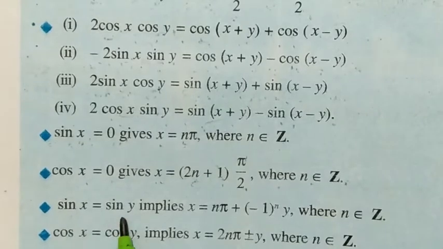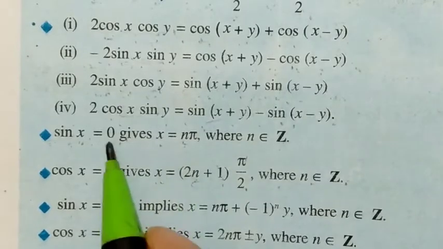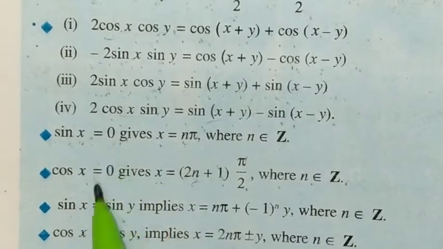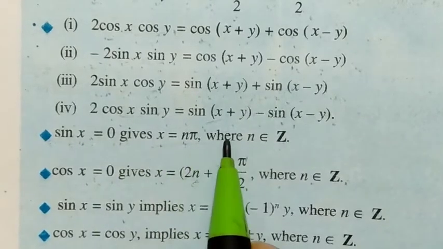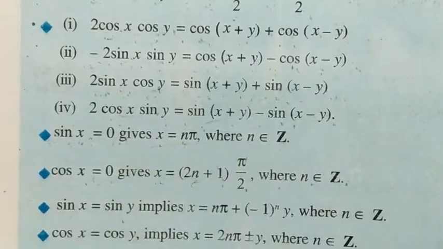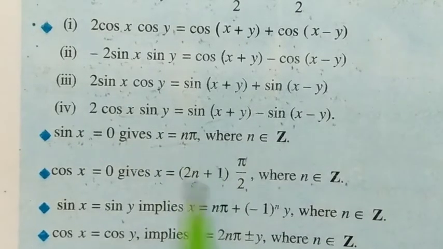Now sin x equals sin y. If this is the equation, then what is the solution? We generally get one value, but it's the general solution. General solution means it's a large set of solutions. So x equals n pi, we are getting infinitely many values, because this value repeats.